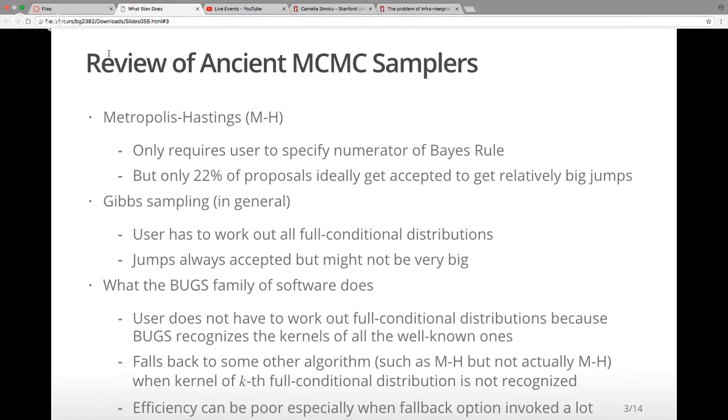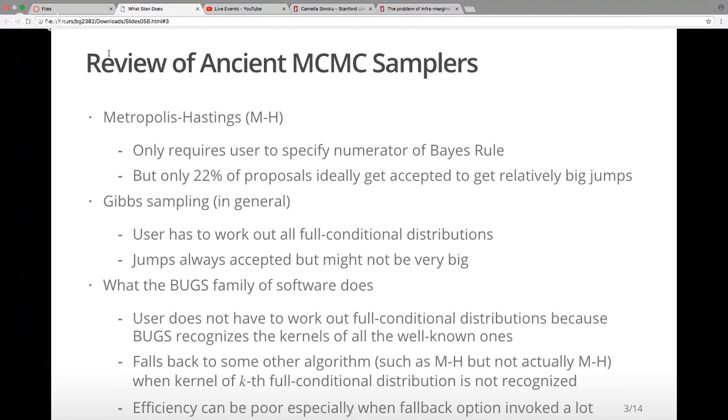But the real disadvantage of Metropolis Hastings is that a lot of proposals get rejected. And really only like 20–25%, if you're doing it right, of your proposals should be accepted. And that yields relatively big jumps and overall sort of reduces the autocorrelation in the dependent draws that you obtain from the posterior distribution. However, the jumps aren't really all that big.